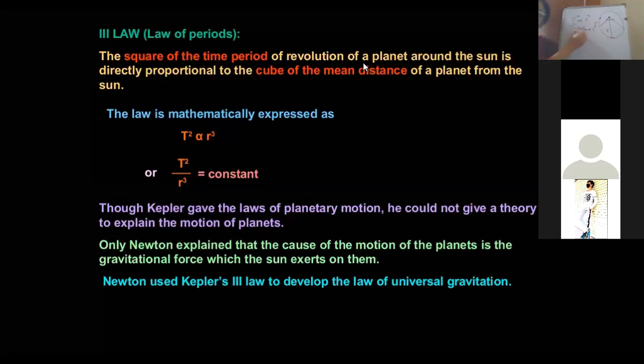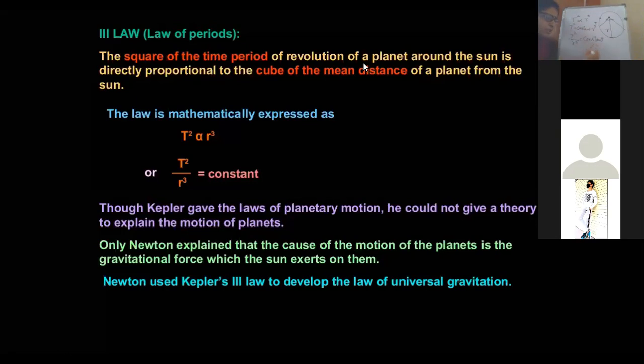This constant will vary as the distance between the planet and the sun varies, or as the time period of the planet varies. So we can say T square upon R cube is equal to a constant, but for a particular planet its value will be the same. For Earth, its value will be the same, but if I compare this constant of Earth with some other planet like Pluto, Mercury or Venus, it will not have the same value.